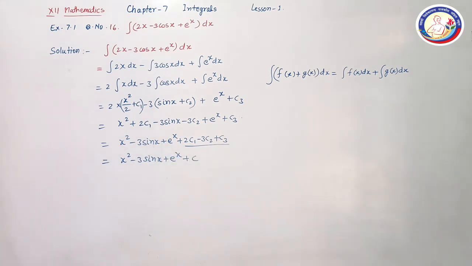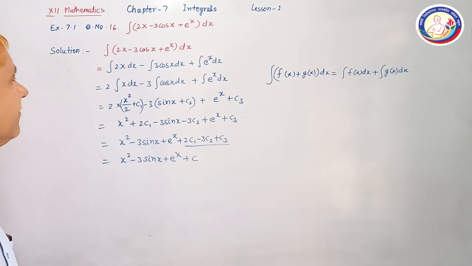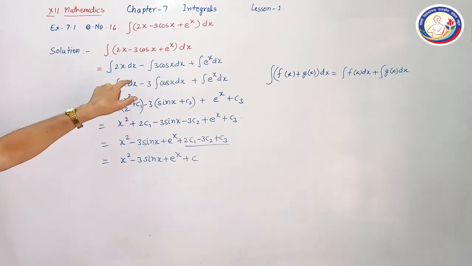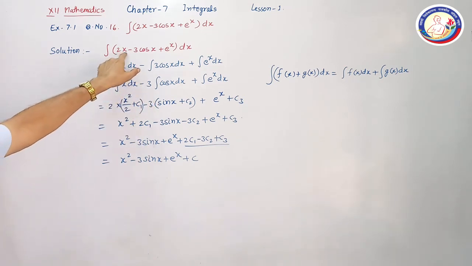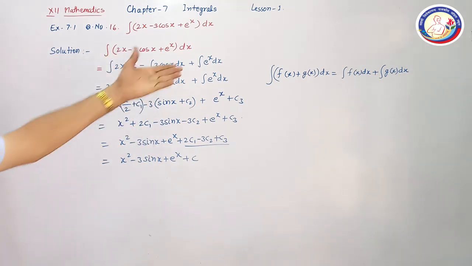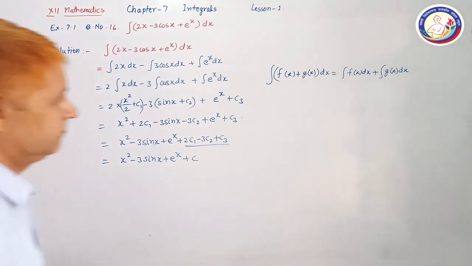This is the answer. So the procedure is antiderivative: determine the function which on differentiation gives this integrand, and then use the properties. We can easily evaluate the integrals.